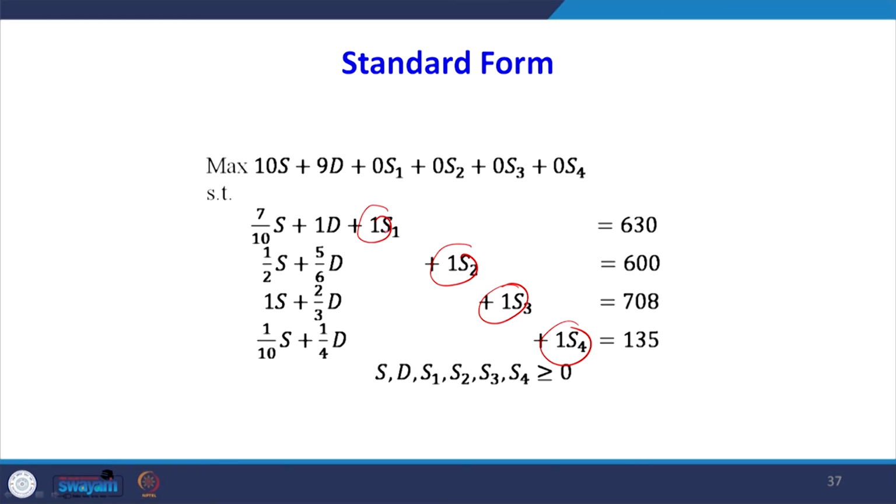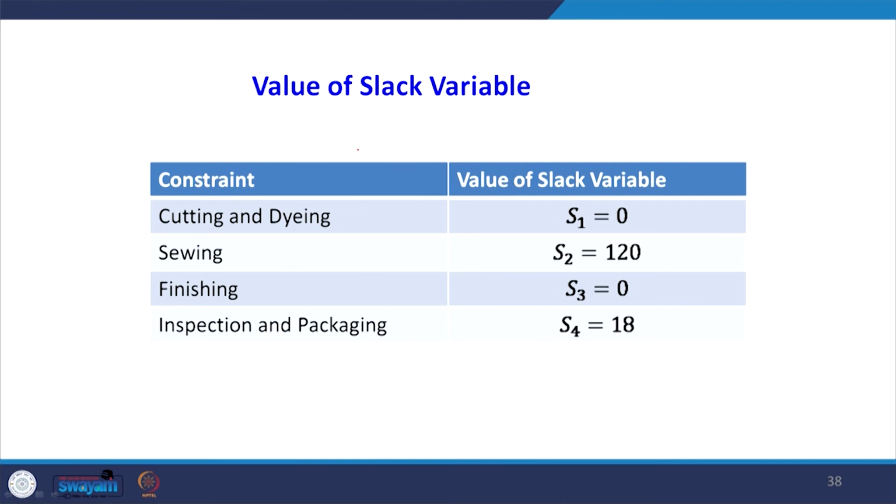Because the contribution of S1 is 0, in our objective function the coefficients are 0 S1, 0 S2, 0 S3 and 0 S4. So, this is the value of slack variable: cutting and dyeing department 0 slack variable, sieving department 120, finishing 0, inspection packaging 18.